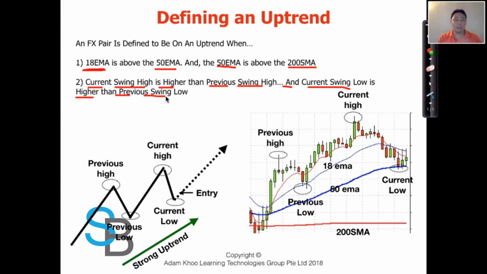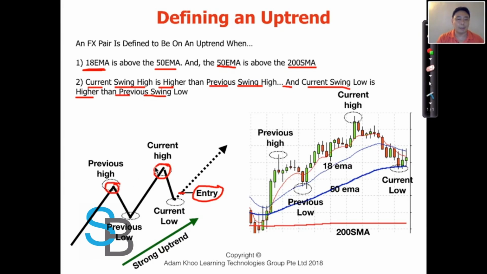Let me explain from this illustration over here. We are going to buy right at this point to catch the impulsive wave up. Before we enter, we must see that the current swing high is higher than the previous swing high.